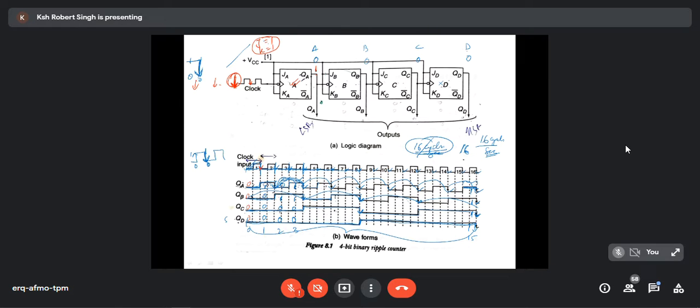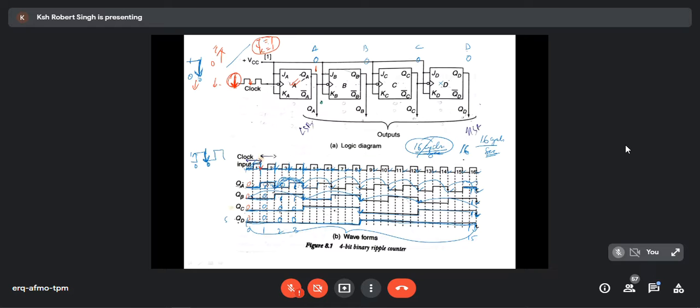And this is being fed as a clock to the B flip-flop. So 0 to 1 is not a negative edge; 0 to 1 is rather a positive edge. Can you understand? Yes, sir. 0 to 1 means from down to up, that means it is a positive edge.